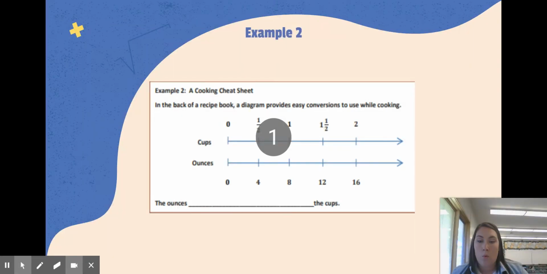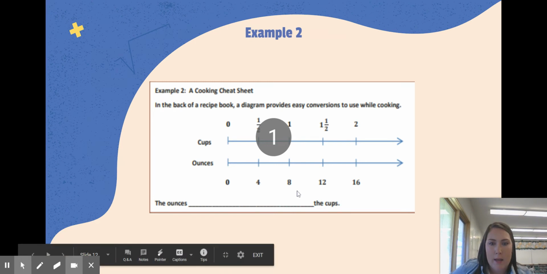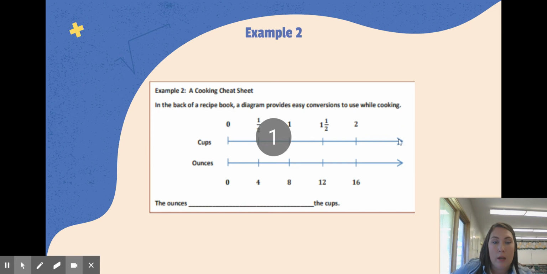So what does the amount of ounces equal when you have 4 cups? So we decided 1 to 8. So when you have 4 cups, 4 times 8 is 32. So you'd have 32 ounces.